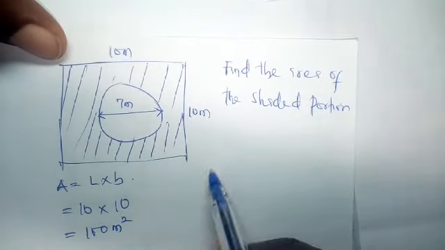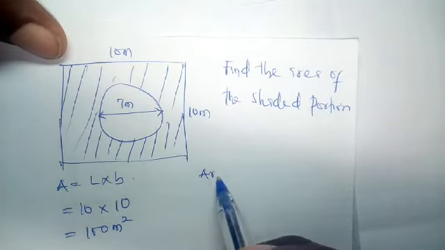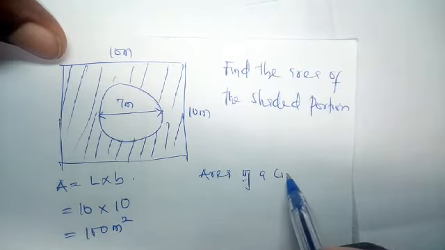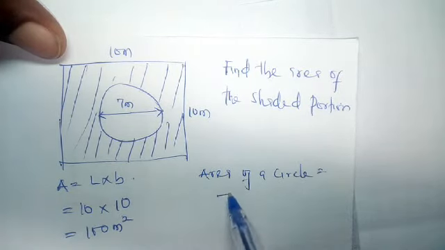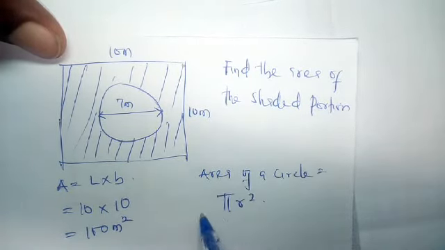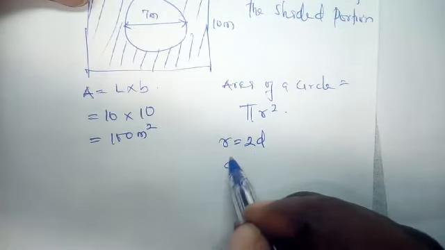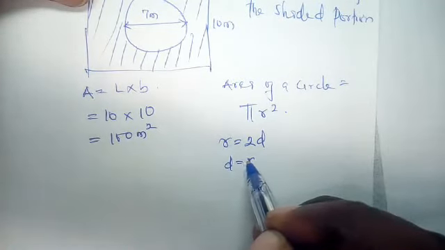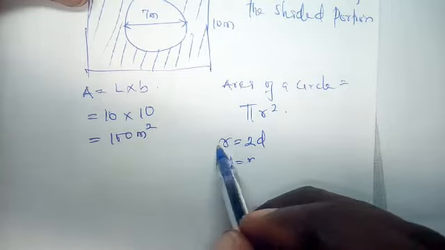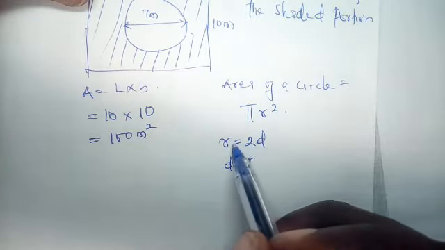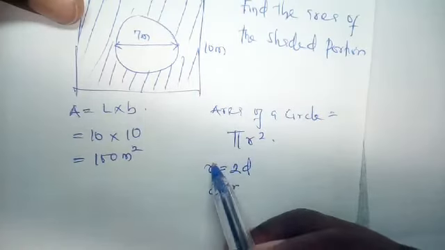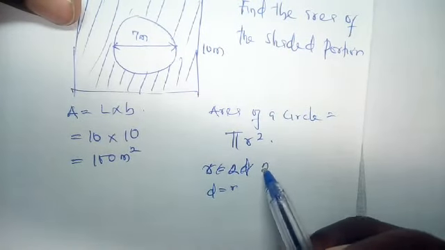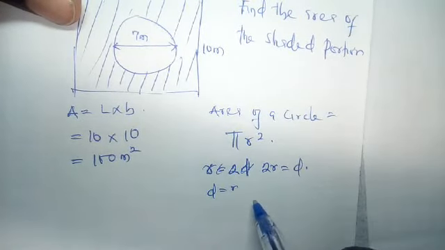For the circle inside, we know that area of a circle is equals to pi r squared. Now to obtain r, we use the diameter. 2 radius is equals to 1 diameter.